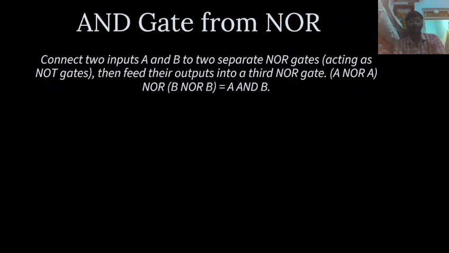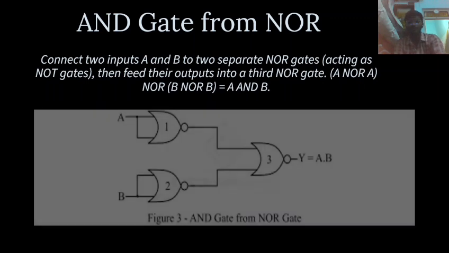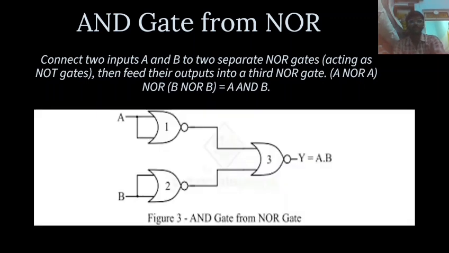AND gate using NOR. Connect the two inputs A and B to two separate NOR gates acting as NOT gates. Then feed their outputs into a third NOR gate: A NOR A, B NOR B, gives A and B. See here, for one NOR gate, the input is A and the output is A bar, and for another NOR gate, the input is B and the output is B bar.